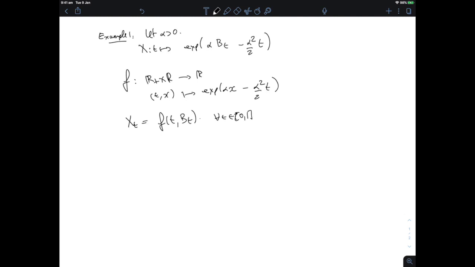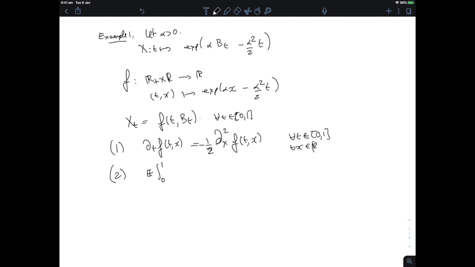If we can show, one, that the partial derivative in t of f(t,x) is equal to minus 1/2 the second partial derivative in x of f(t,x) for all t in 0, 1 and for all x in R, and two, that the expectation of the integral from 0 to 1 of the squared partial derivative in x of f(t,B_t) dt is finite, then 1 plus 2 implies that X_t is a martingale by Ito formula.